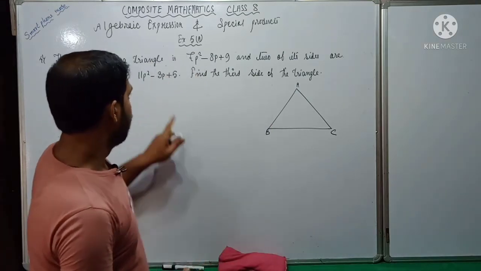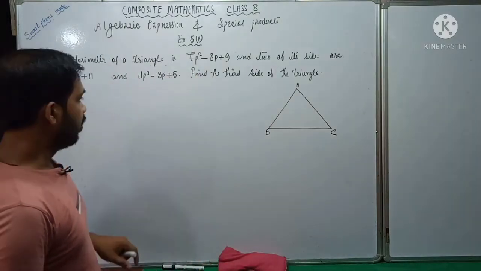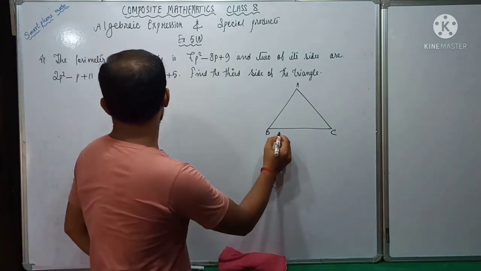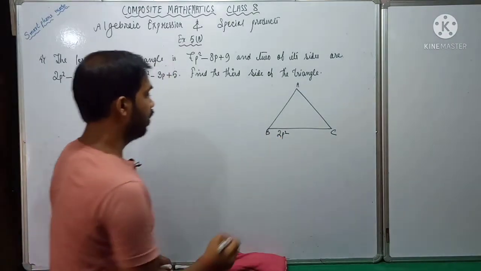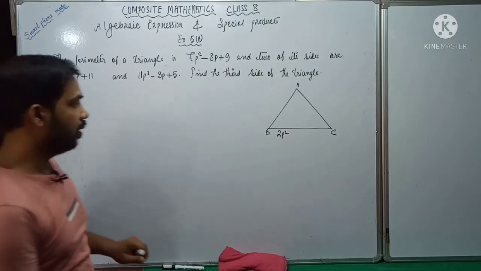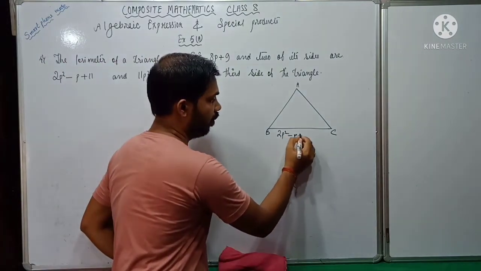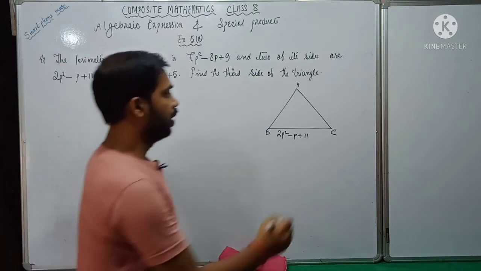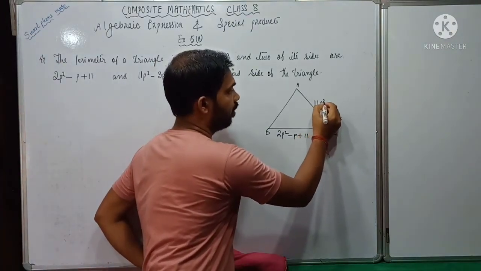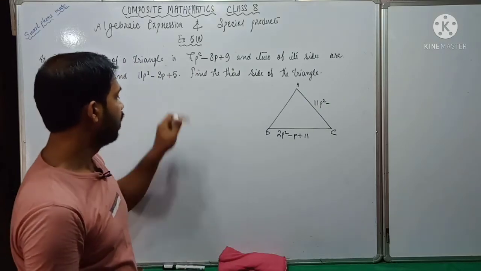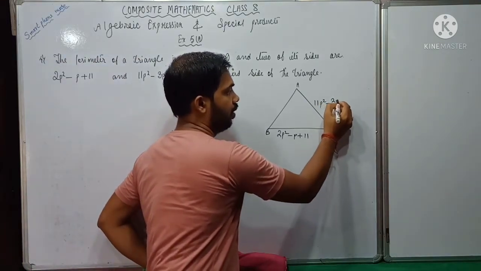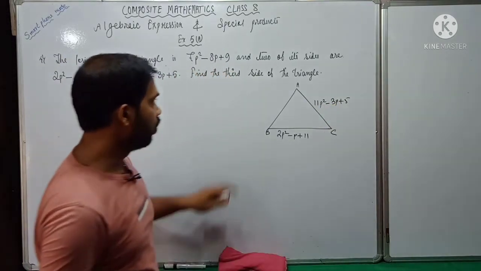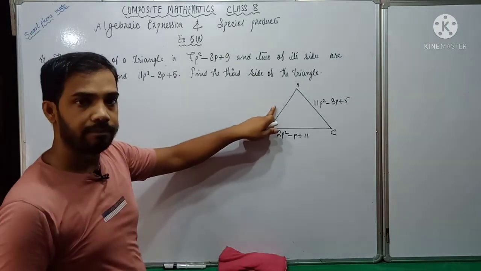Now 2 of its sides are given, so this is 2p square minus p plus 11, and this side is 11p square minus 3p plus 5. So we have to find out this side, okay.